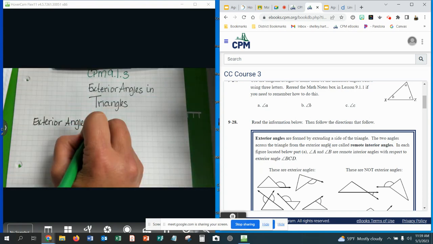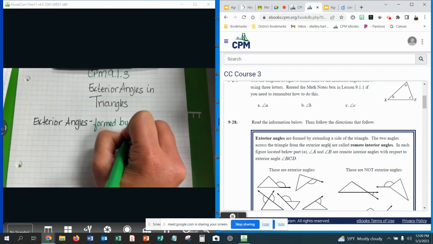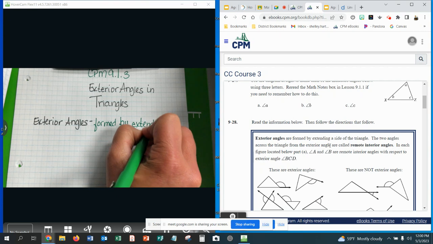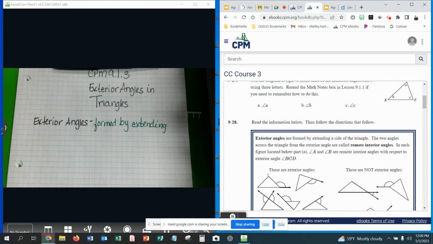Exterior angles are formed by extending a side of a triangle. Period. So I'm going to show that to you.